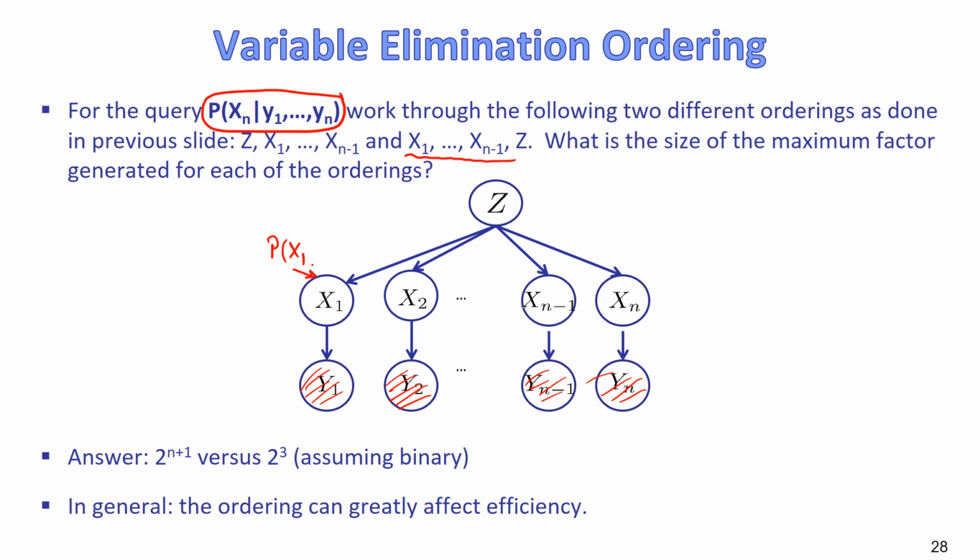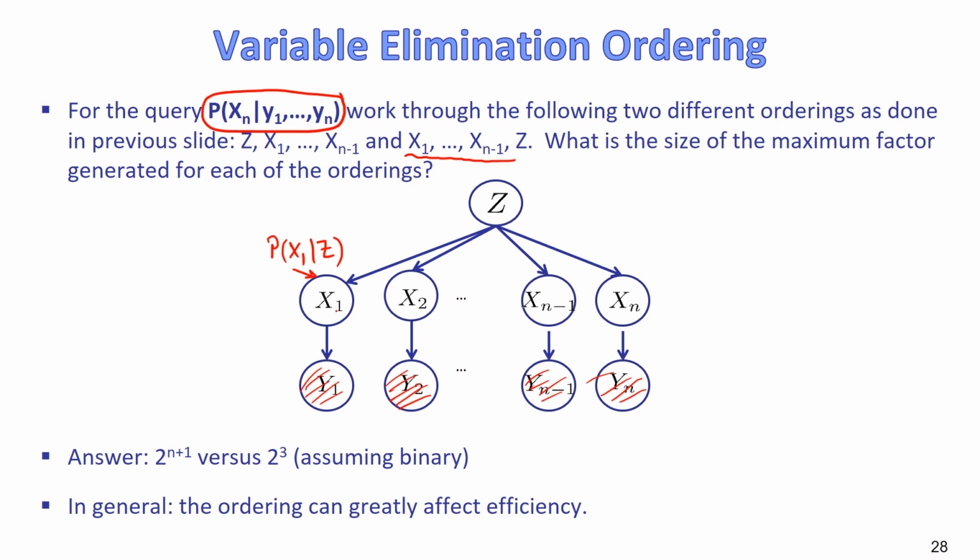Yes, P of x1 given its parents. What are its parents? Z. So that's x1 given z. Does it involve x1? Yes, of course, it has x1 here. Involve means it has x1 somewhere in the table. So that's one factor.